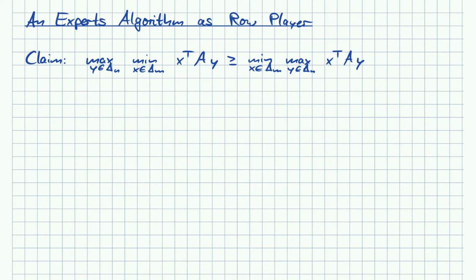And what we'll now do is devise a strategy for the row player on this right-hand side. How could the row player choose the x here? We use a no-regret algorithm with m experts as the row player.